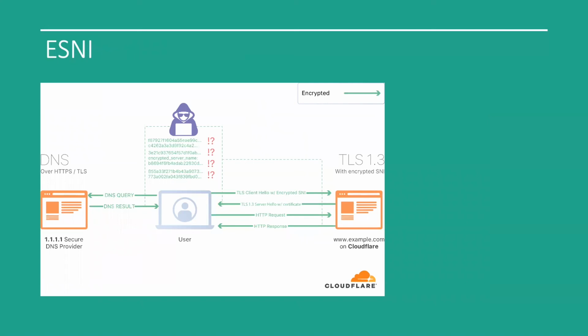Basically, all this does is further encrypt the hello process. So at that point, you're good to go. The attacker sees absolutely nothing across the entire stage of your connection to a website. They just get a bunch of garbage. Internet service providers also can't monetize your DNS requests and sell them to advertisers, because they have no idea what you're doing.